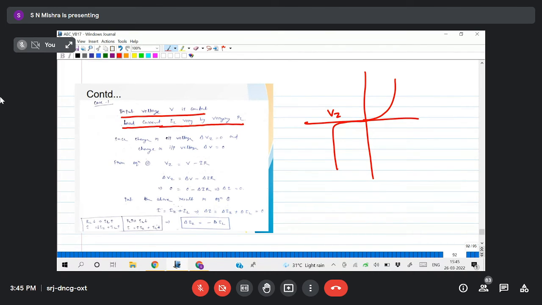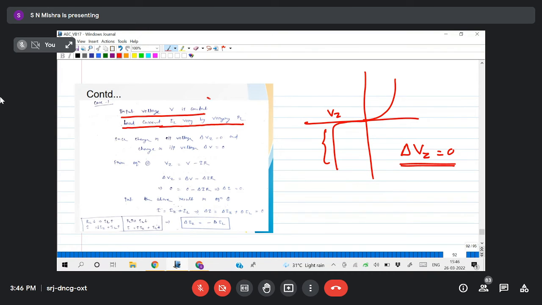So VZ is constant, so I can say change in VZ equals 0 from the characteristic of Zener diode. Is there any change in voltage here? Current is increasing but voltage is constant. So delta VZ, the change in Zener voltage, is 0.